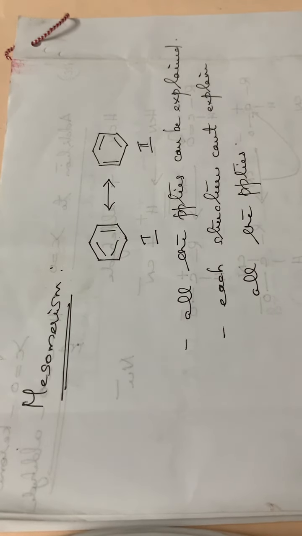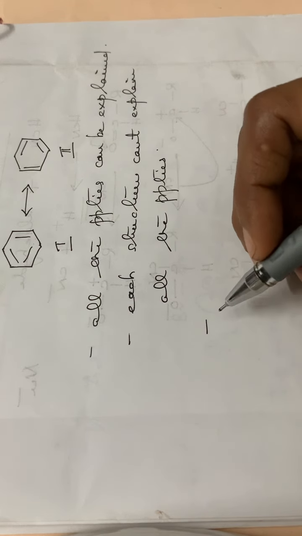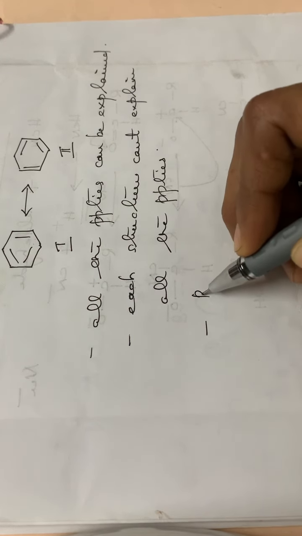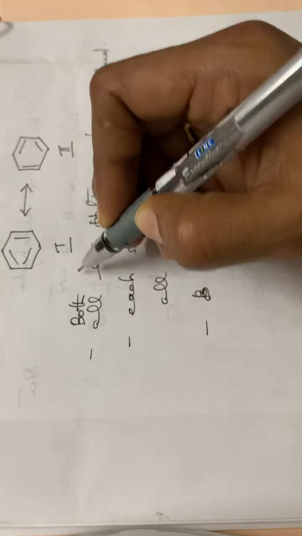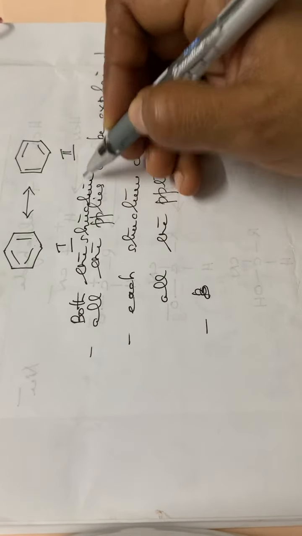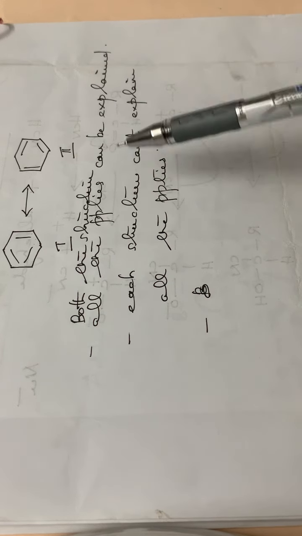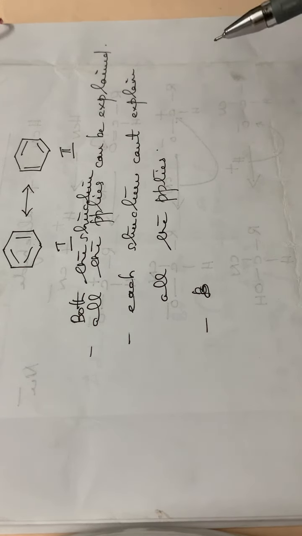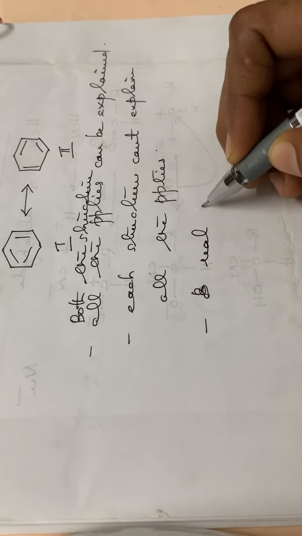Each structure can't explain all the properties, but together both structures can explain all the properties, and the actual or real structure lies in between these two.